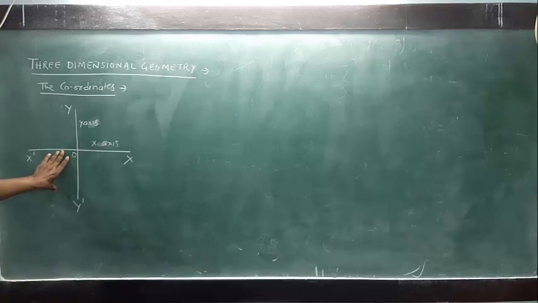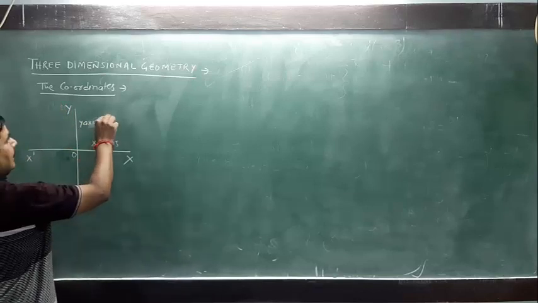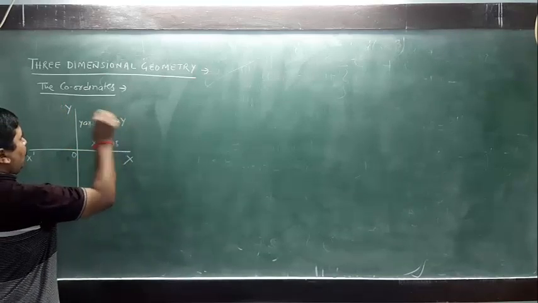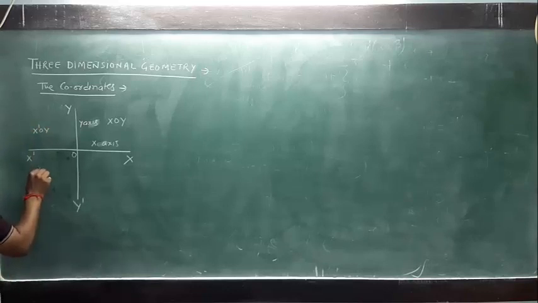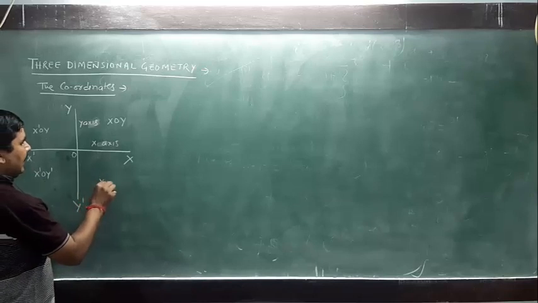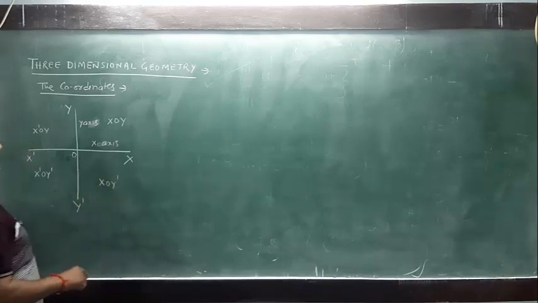Because lines are two, we can divide this whole plane into four parts. This is x o y, this is x dash o y, this is x dash o y dash, this is x o y dash.